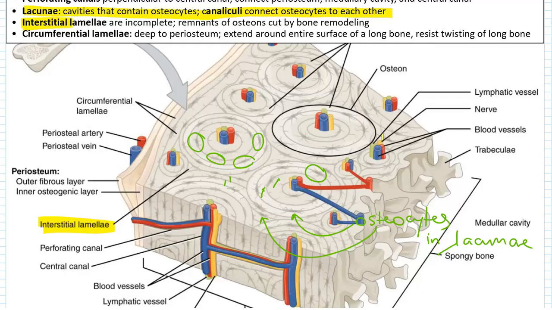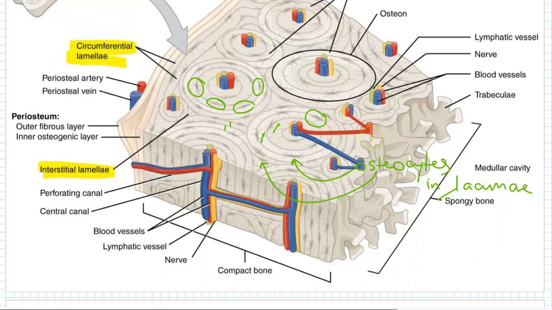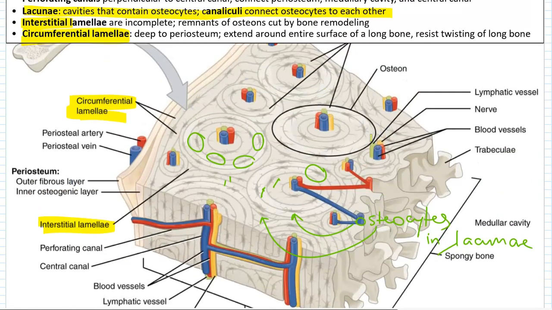So those are leftovers. And finally, you have circumferential lamellae. They run around the bone, and they provide additional resistance to twisting forces. We're good?